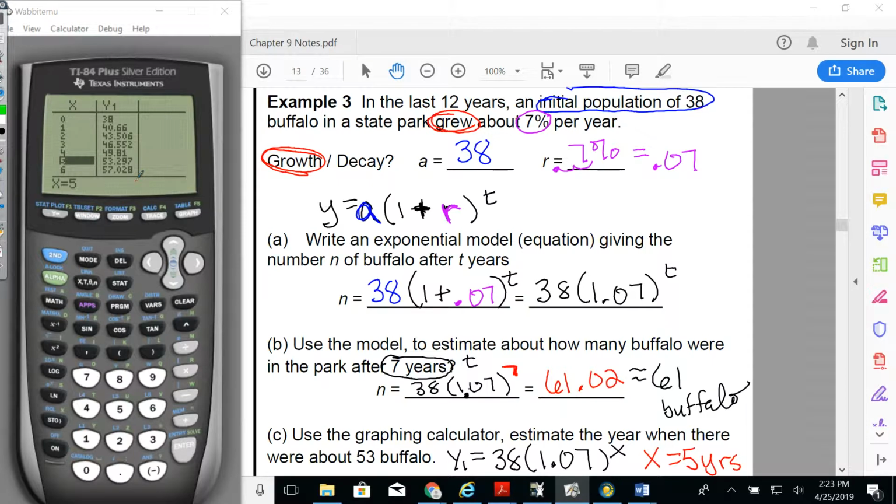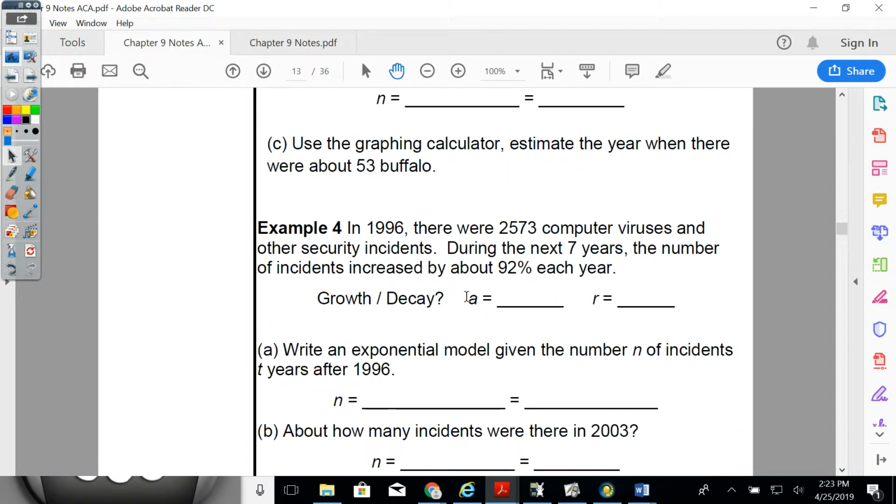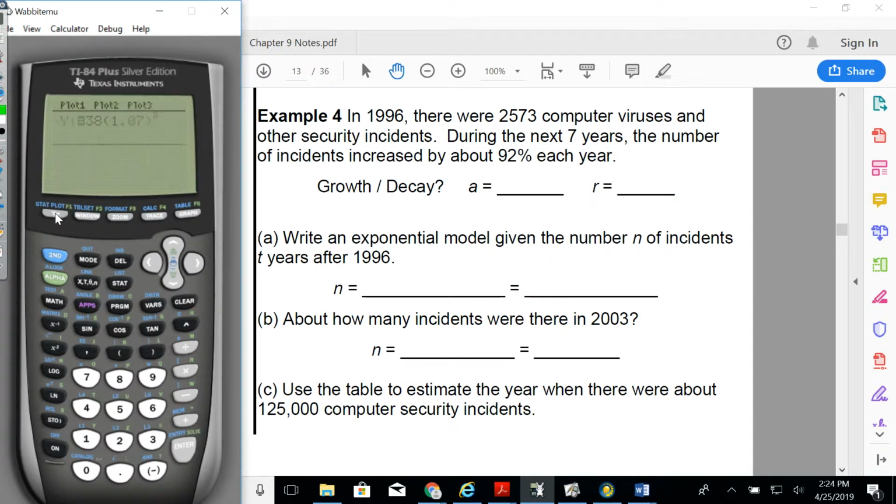All right, and then the last example, again, it's giving us the word problem. So we use the word problem to make the equation and then answer the questions at the bottom. So clear this, because I'm going to need it. And clear this.